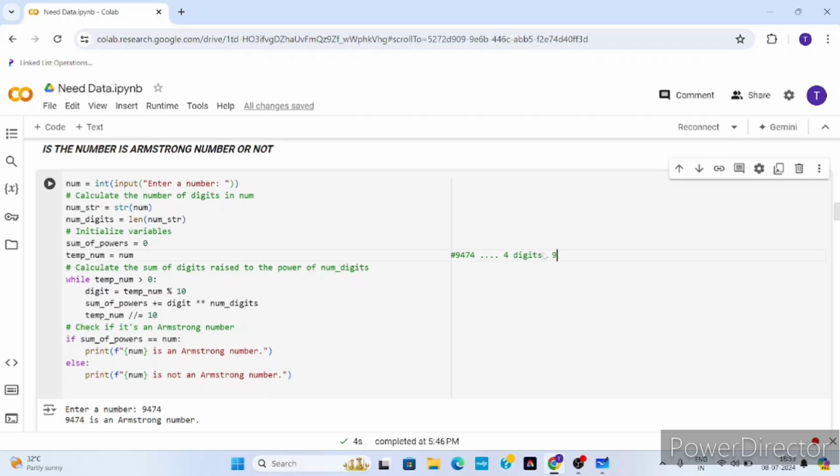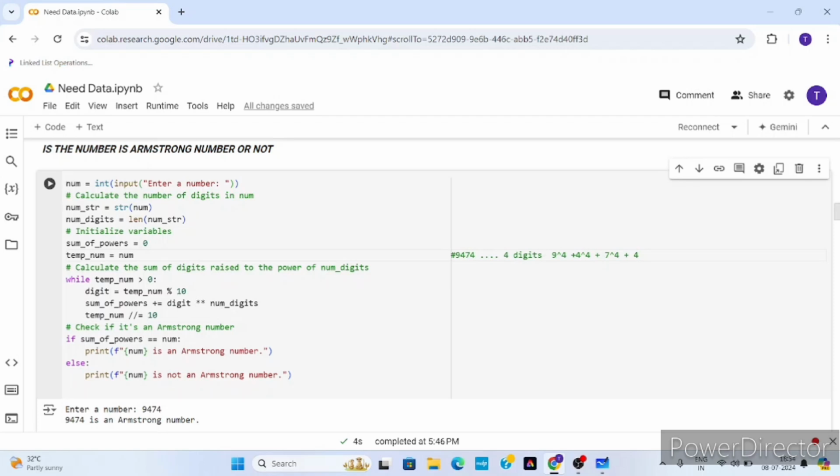And now each digit must be raised to the power of 4. Like 9 power 4 plus 4 power 4 plus 7 power 4 plus 4 power 4. I'm just using the normal power notation. If you want to use this in Python, you need to use the double star.